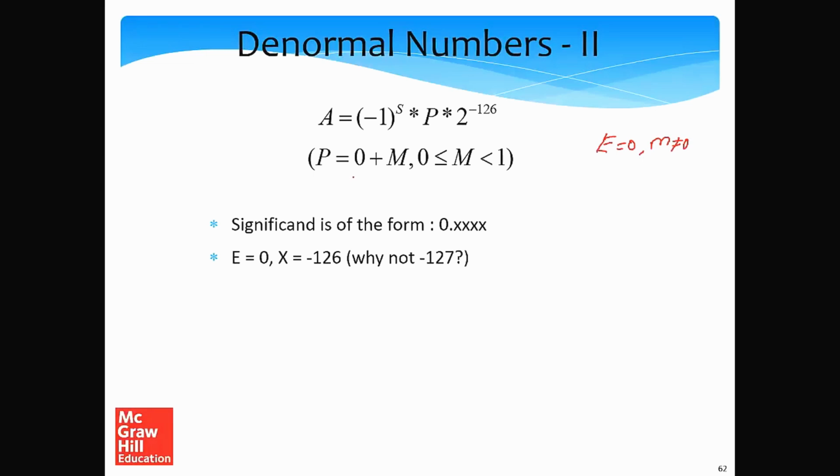Instead of assuming that the significand is of the form 1 plus M, we assume it is 0 plus M, right? 0 becomes the default and the mantissa remains between 0 and 1. And the exponent we assume is 2 to the power minus 126. So in this case, E is equal to 0 and we assume that the exponent x is equal to minus 126.